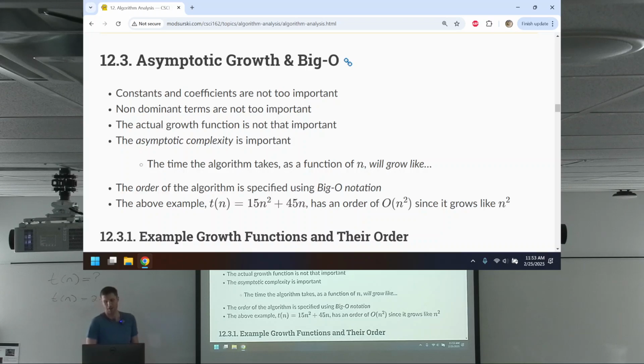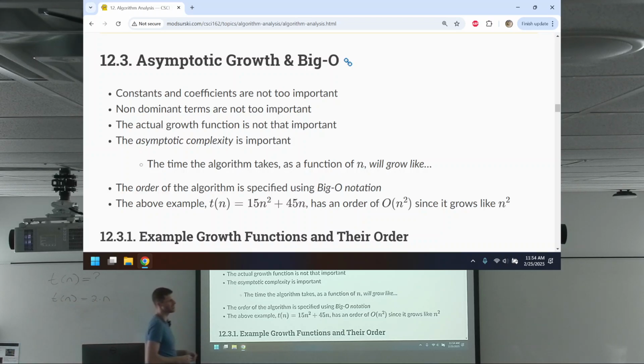All right, so asymptotic growth and big O notation. First and foremost, as we saw, it was 15n squared plus 45n, but 45n was entirely useless. So what we do as computer scientists is we immediately look for the blame game: who's to blame? Who's accounting for most of the problem?